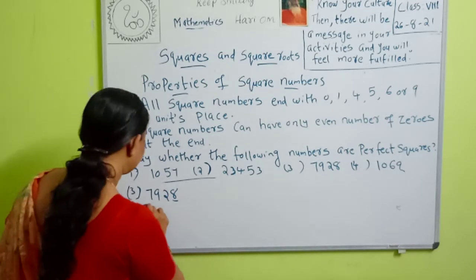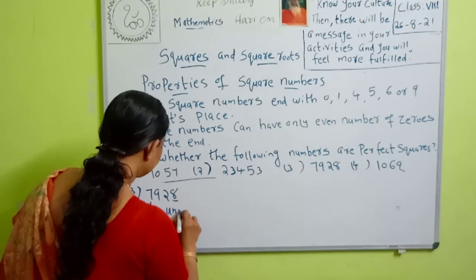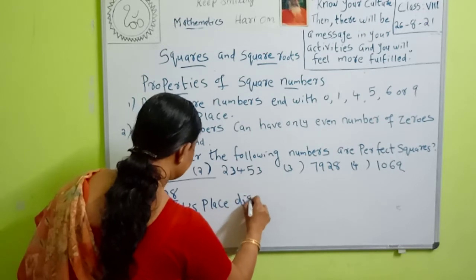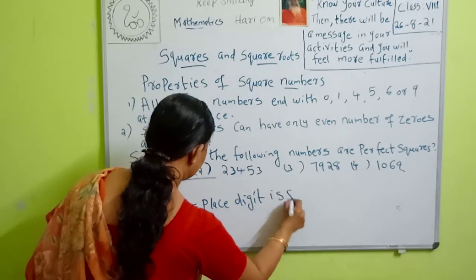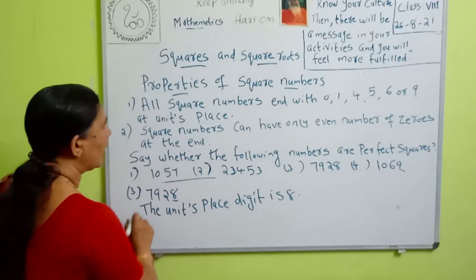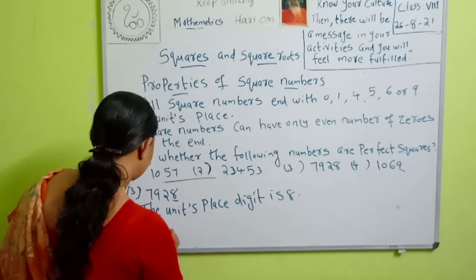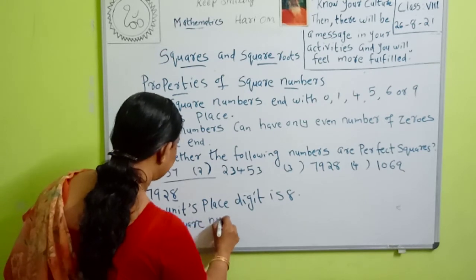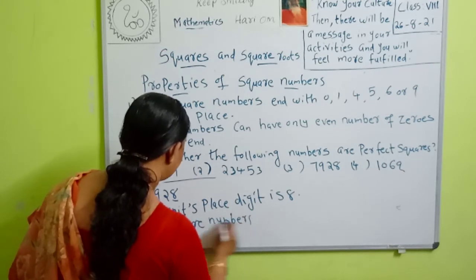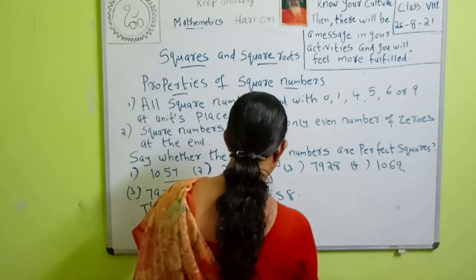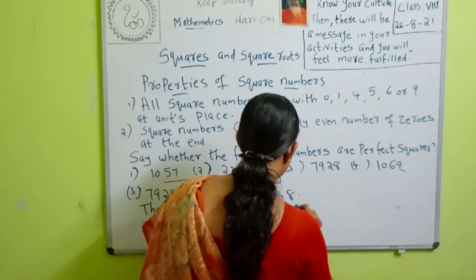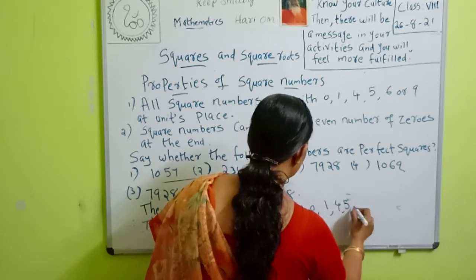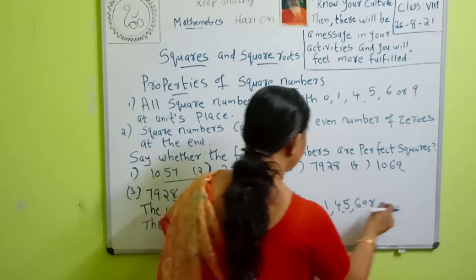Here the units place digit is 8. Therefore, the square numbers end with 0, 1, 4, 5, 6 or 9 in units place.